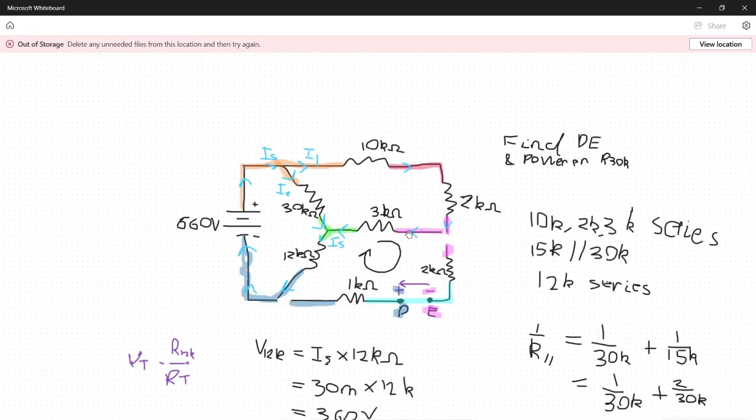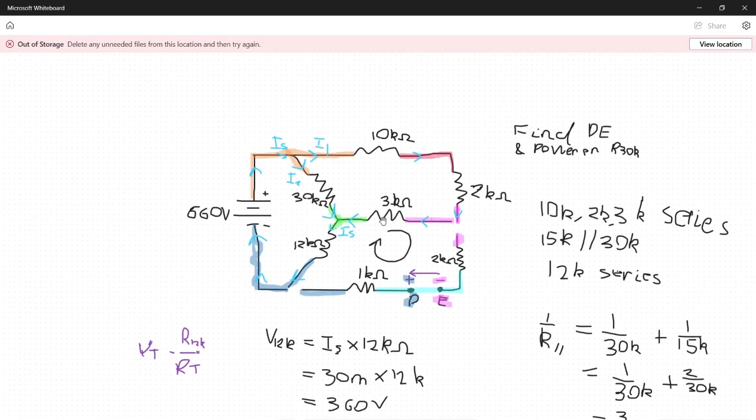So this 3 kilo ohm, we need to find that now. I can find the current flowing through this branch times the ohms to get the voltage. The other way to do it would be to get the total voltage in this branch and then do the voltage divider rule.